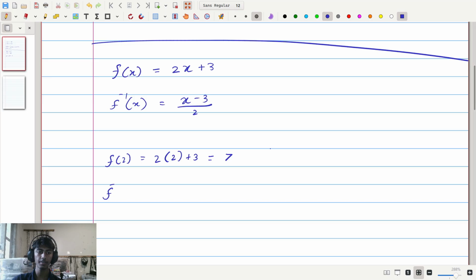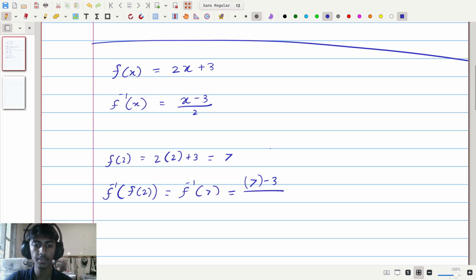Then if I take f inverse of that value, f inverse of f of 2, this is f inverse of 7, because f of 2, the thing I'm substituting as the input into the second function, is this output that we just found, 7. So this is f inverse of 7, which is (7 minus 3) divided by 2, which is 4 divided by 2, which is 2. I'll put a bracket around the 7 because the 7 was substituted.